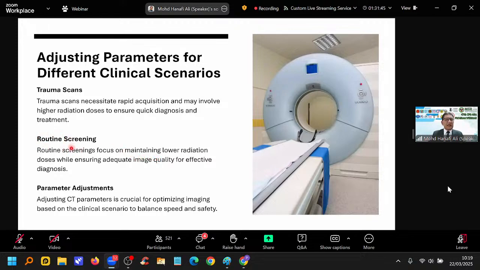But for routine screening here, I can give examples such as calcium score or osteoporosis examination, where we just want to see the bone density, for example. Parameter adjustment must keep ongoing. Research must be carried out now and then to measure what is the best.